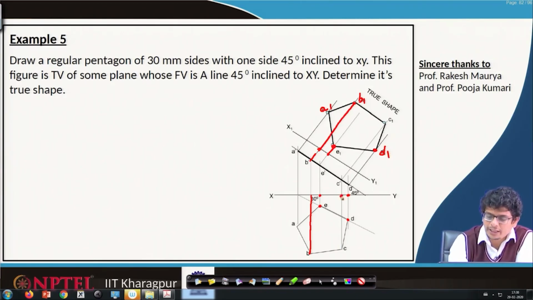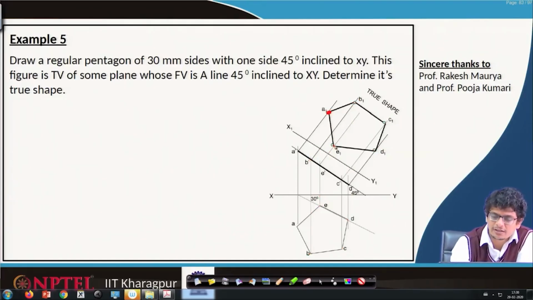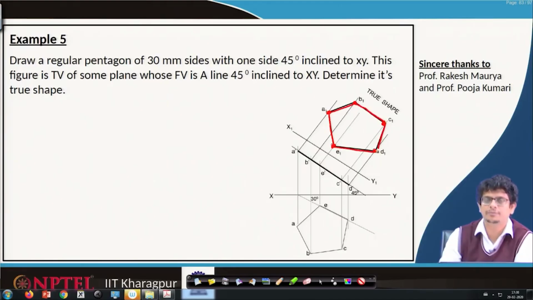Similarly, the point C from the plane xy, we will transfer from that auxiliary plane all the way up. Once we have these points A1, B1, C1, D1 and E1, we connect them to get the true shape or original shape of that object.